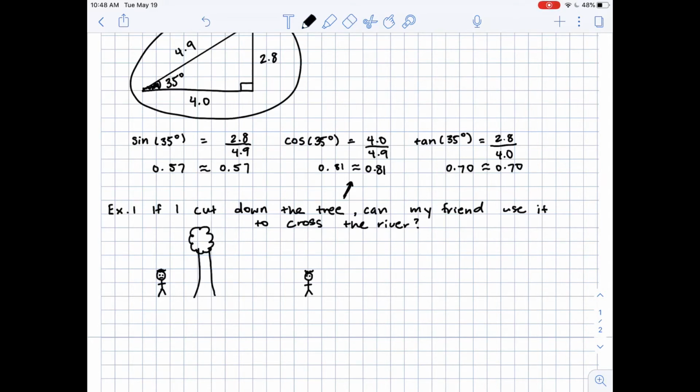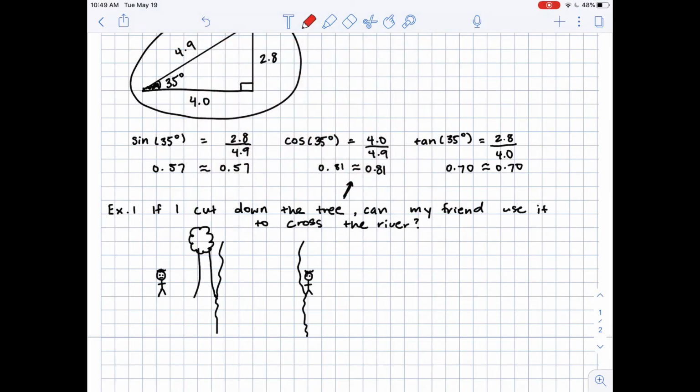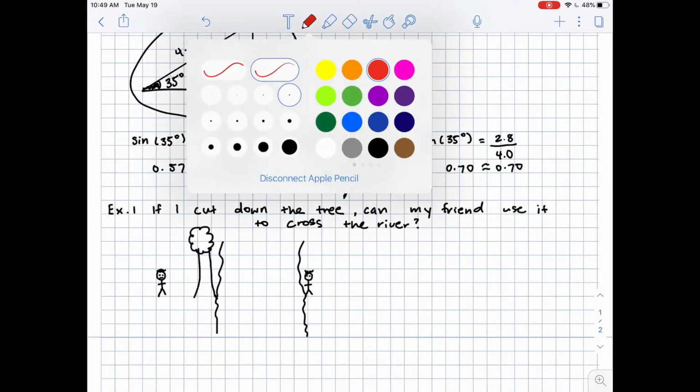Okay, now that I think about it, I gotta redraw this picture. The river is gonna butt up right against the tree, and it's gonna go right against the person. So this tree needs to fall and lay over the river. First thing he's gonna do is remember what he knows about trigonometry.